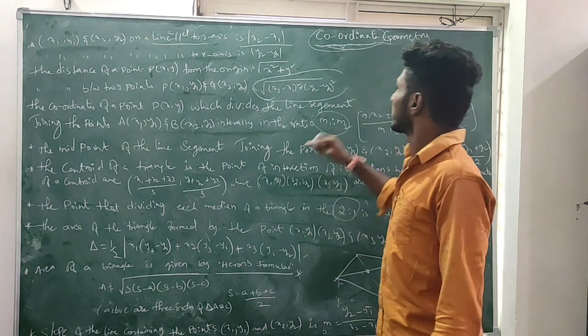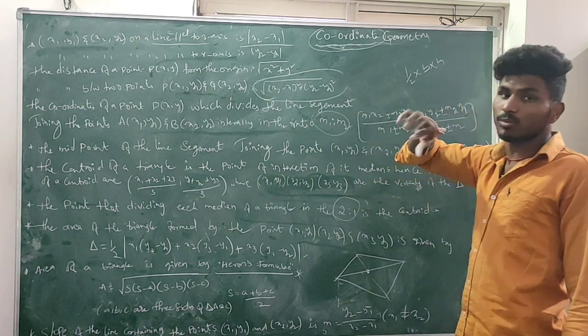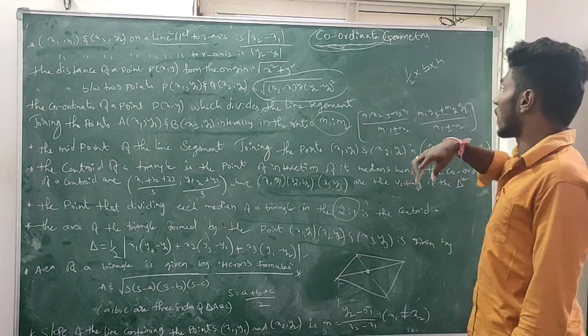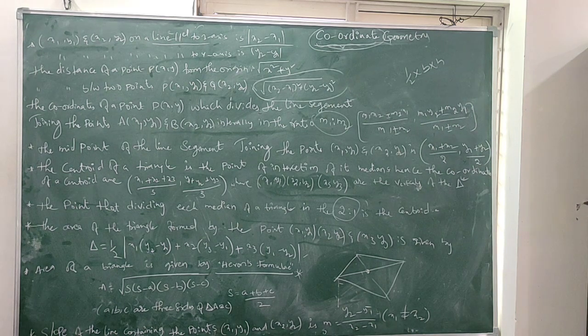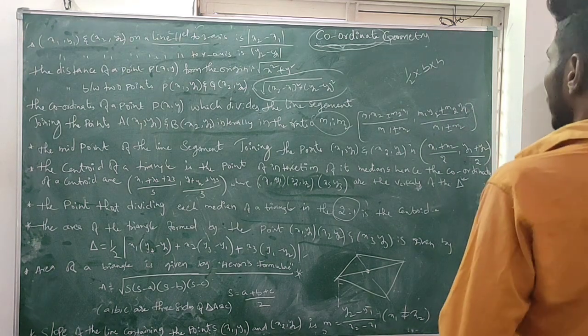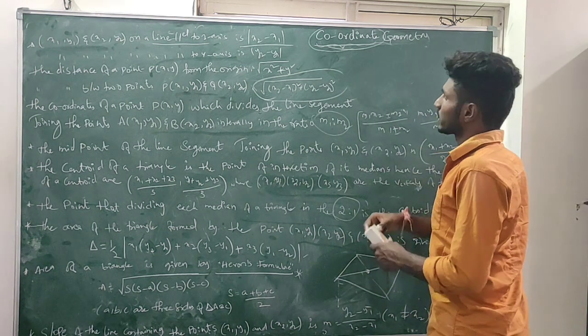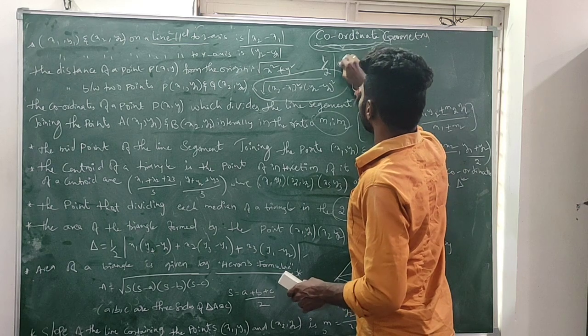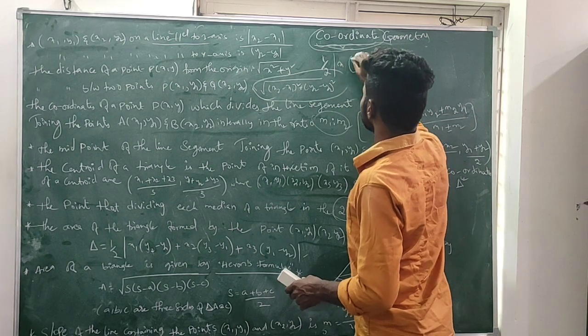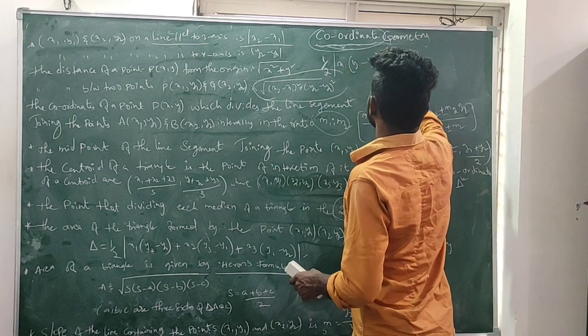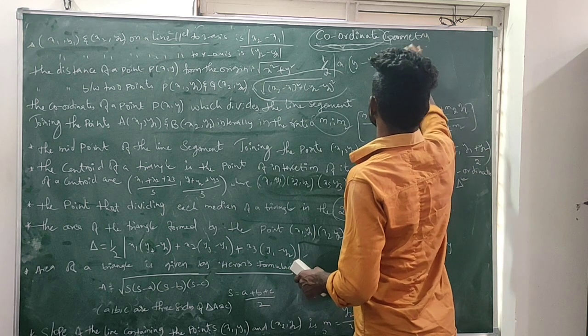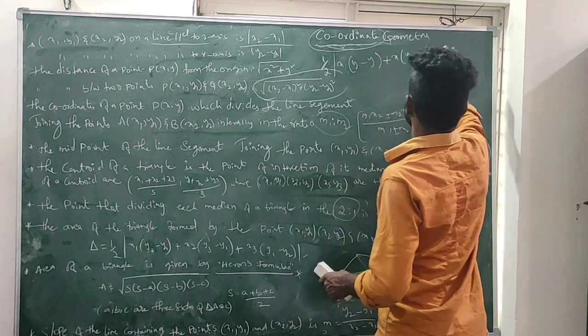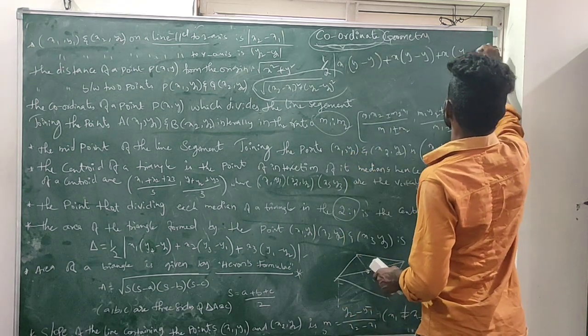My task is, if 3 coordinates are given, how can I find the area of the triangle? Simple thing, remember it this way: write half mod x(y minus y) plus x(y minus y) plus x(y minus y).